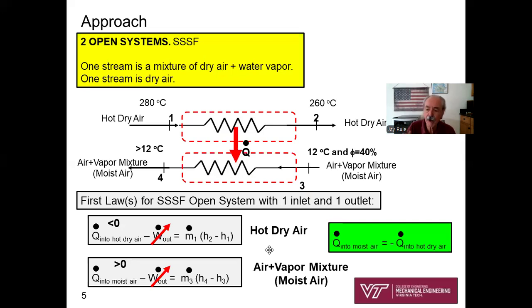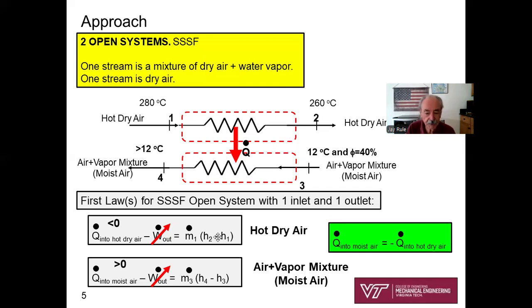So if we write the simple high level first law energy balance for both of them. For the hot dry air, we've got Q dot in, expected to be a negative number, minus W dot out, 0, equals m dot 1 times (h2 minus h1). Okay, pretty easy.